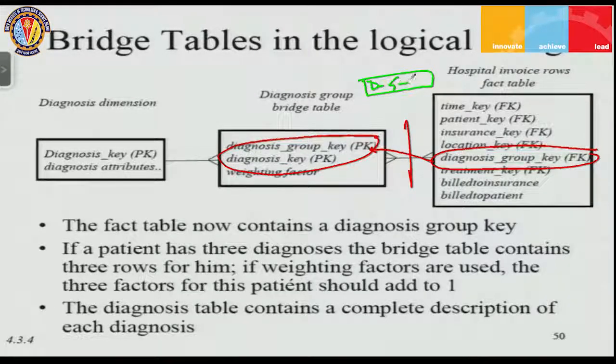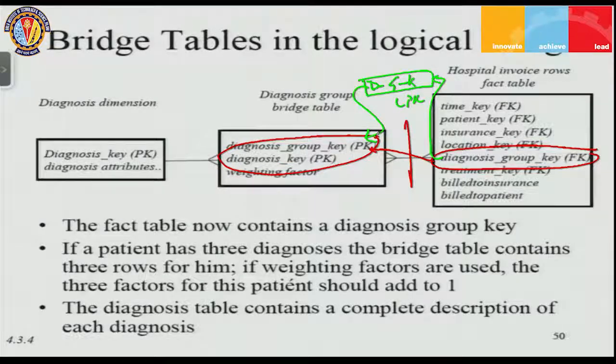It's a single field table, diagnosis group key, which is its primary key. So this dimension talks to this, and then this talks to this. That's how it is modeled. So those kinds of solutions are also proposed, depending upon the situation.